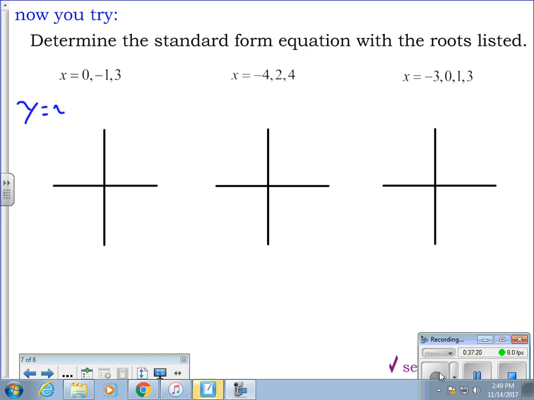y equals x, x plus 1, x minus 3 are my factors. Opposite of the roots, except for 0, because the opposite of 0 is 0. Doesn't really matter. And when I multiply it out, I get x cubed minus 2x squared minus 3x.